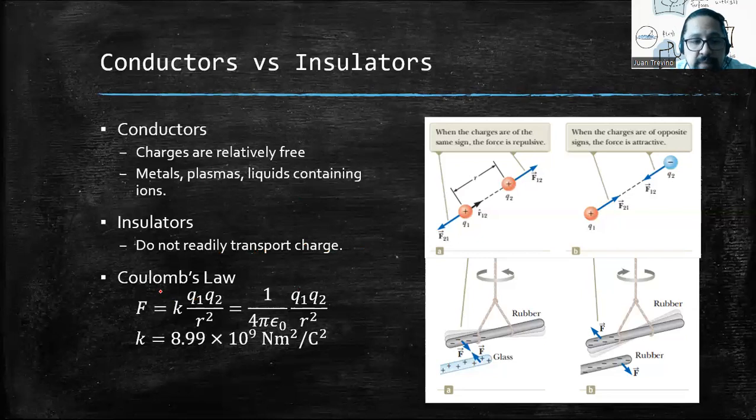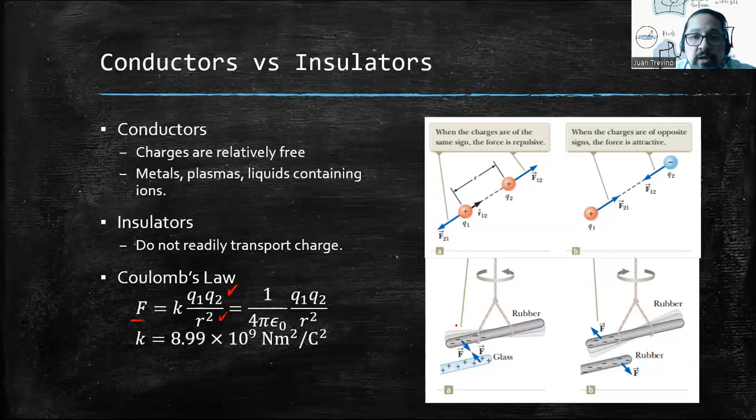Now, to calculate the magnitude of the forces between electric charges, we will refer to Coulomb's law. Down here we have the force, as we mentioned earlier, proportional to the magnitude of the charges and inversely proportional to the square of the distance between the charges.